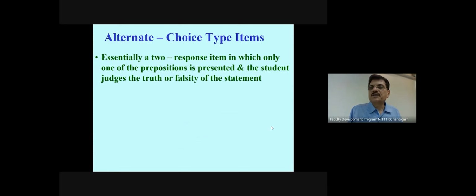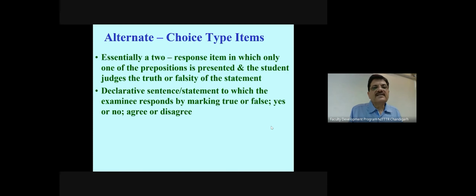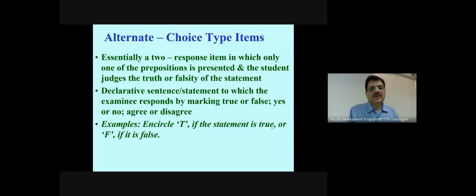Definitely it is a two response item, alternate response, in which only one of the preposition is presented and the student judges the truth or falsity of the statement. So true or false, yes or no, agree or disagree. So these are sentences or statement to which the student responds by marking true or false, yes or no, agree or disagree.